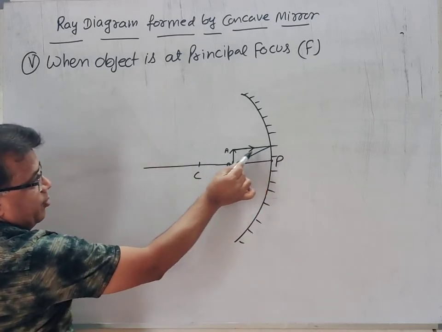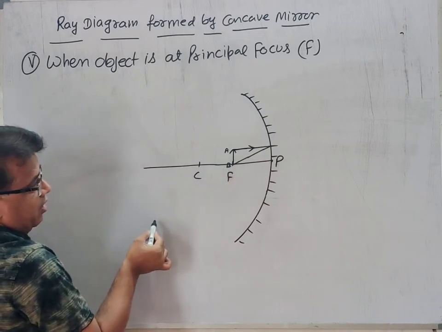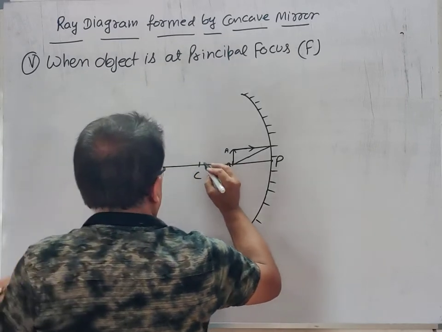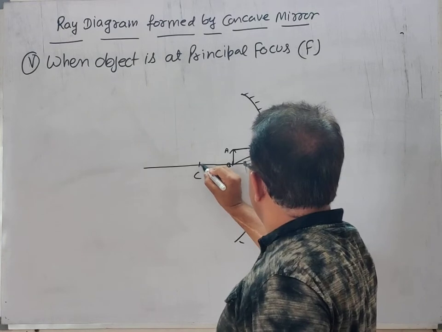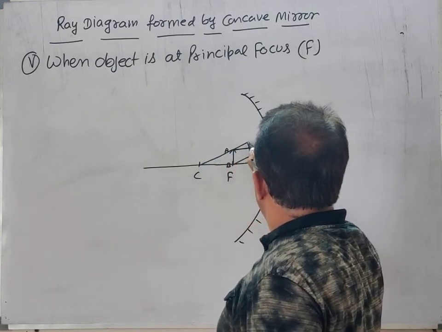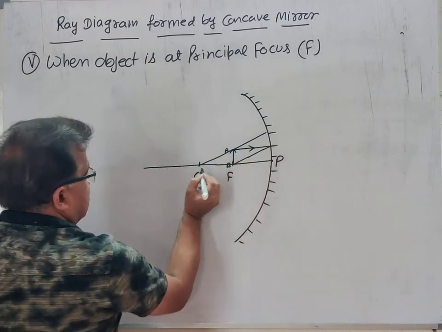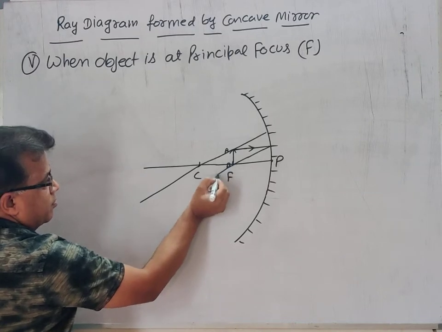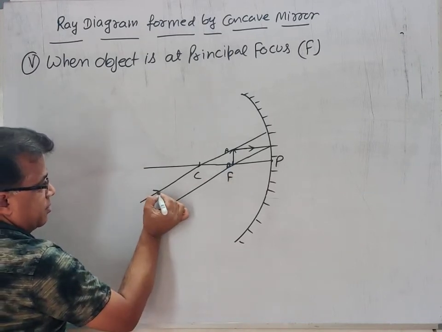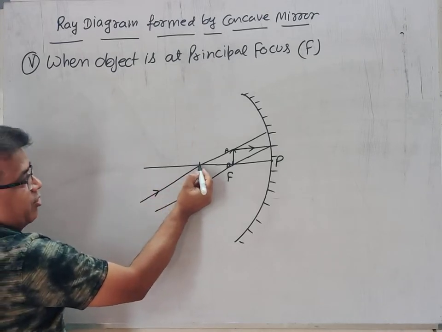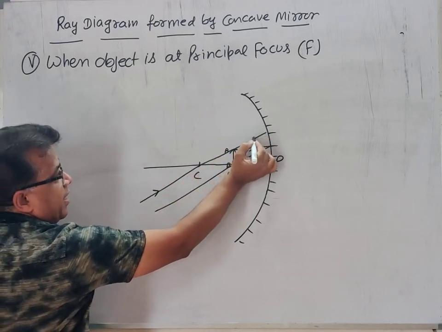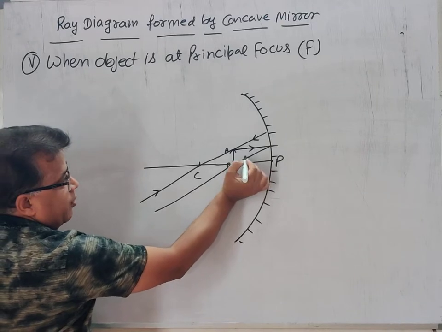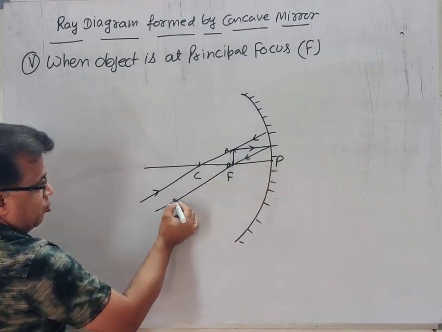Incident ray parallel to the principal axis passing through focus after reflection, and another will be through the center of curvature. So we shall join these two points. It is an incident ray passing through the center of curvature, falling on the mirror, and then reflected back along the same path. Incident ray parallel to the principal axis, reflected and passing through the principal focus.